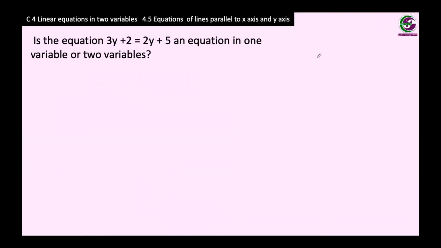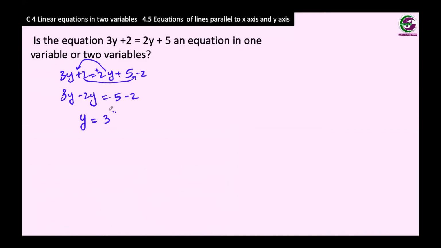Let's see in detail. Is the equation 3y + 2 = 2y + 5 an equation in one variable or two variables? Let's rearrange it. Let's collect all the y's together: 3y minus 2y, and take the 2 to the other side to collect the numbers: 5 minus 2. 3y minus 2y is 1y, which is y, and 5 minus 2 is 3.